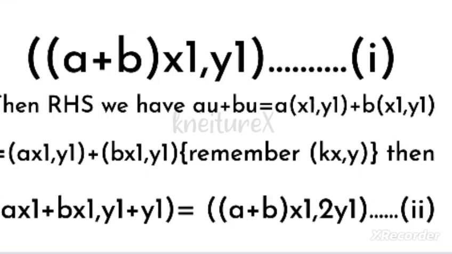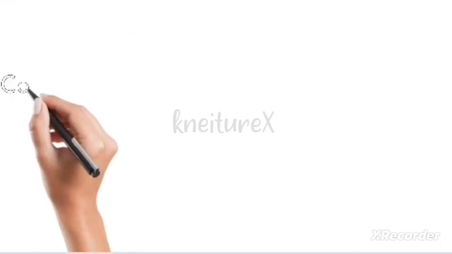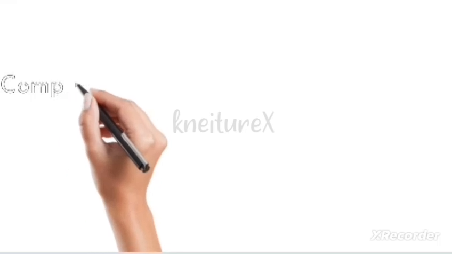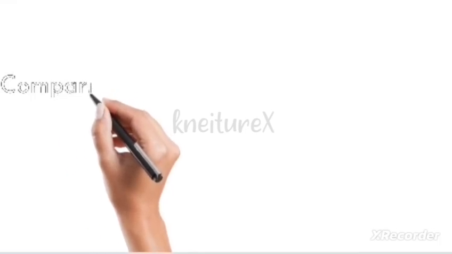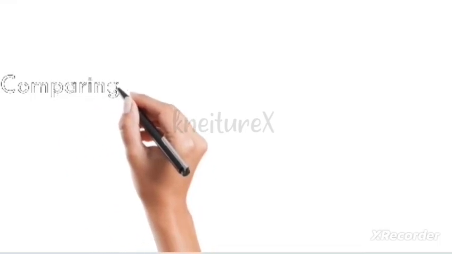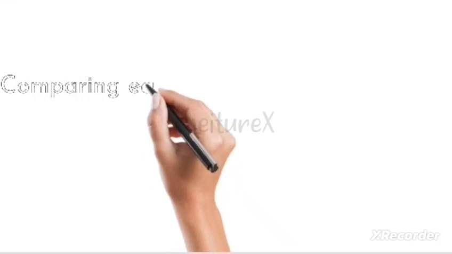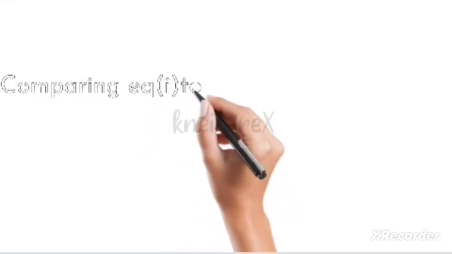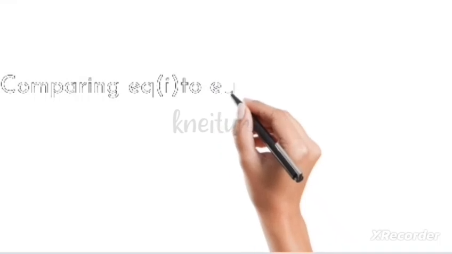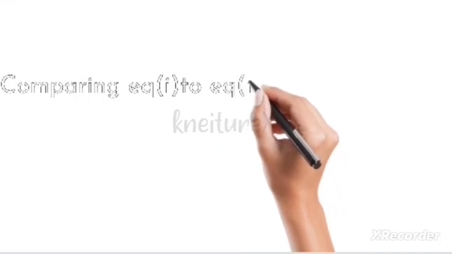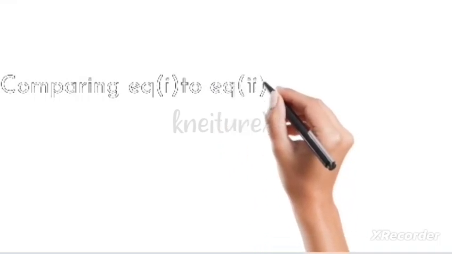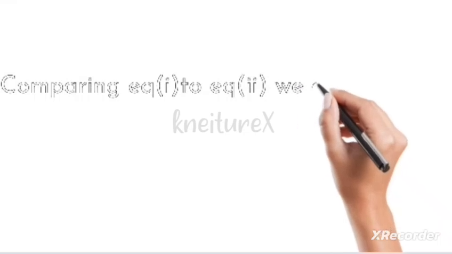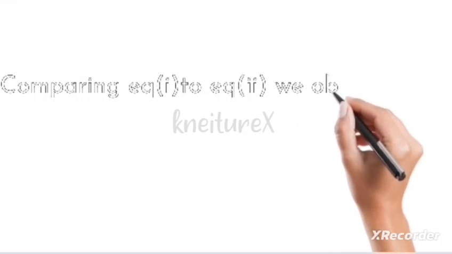Equation 1 and equation 2 could have been the same, but the only difference is that in equation 1 we have y1, in equation 2 we have 2y1. So when we compare these equations together, you will see that it is not distributive and it is not a vector space, since it doesn't obey the distributive law.